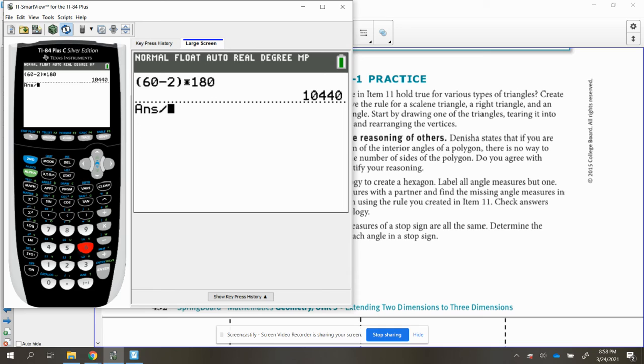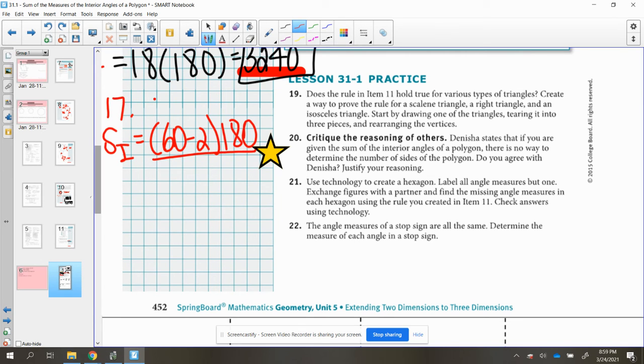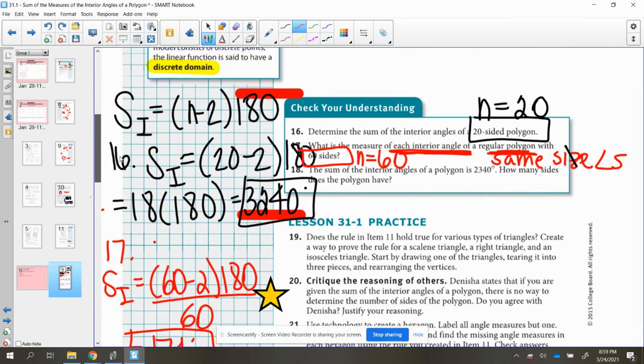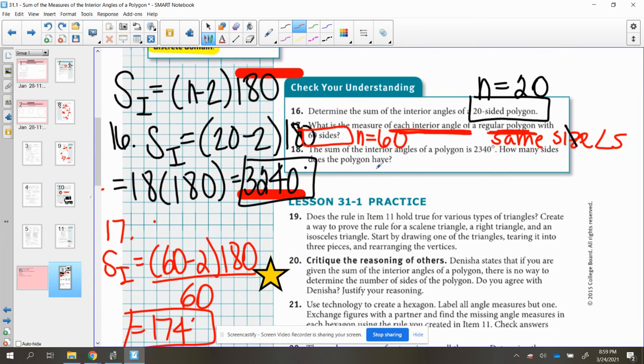So we need to divide it up evenly between the 60 same size sides, so it would be 174 degrees. So really what we're doing is dividing by the number of sides to get our final answer of 174 degrees, okay?